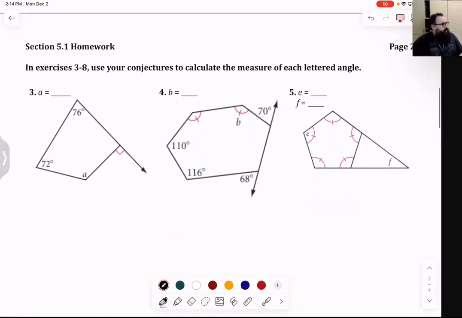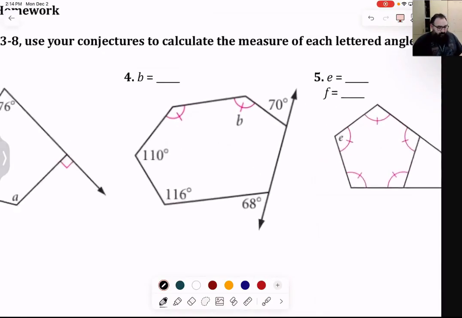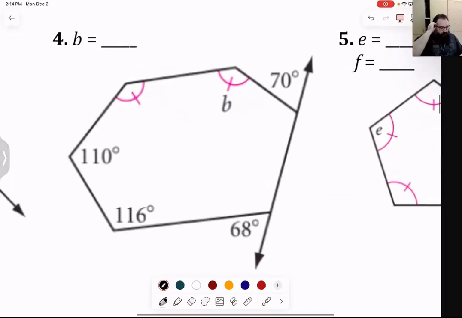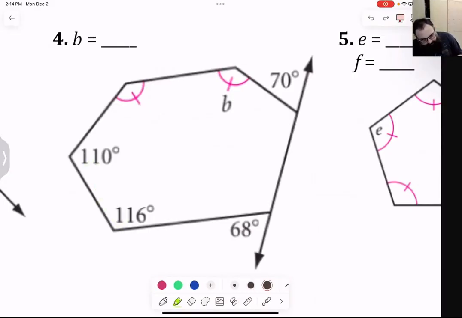These ones are easier than they seem. Let's look at number 4. First off, looking at this shape here, what do we notice about this shape?